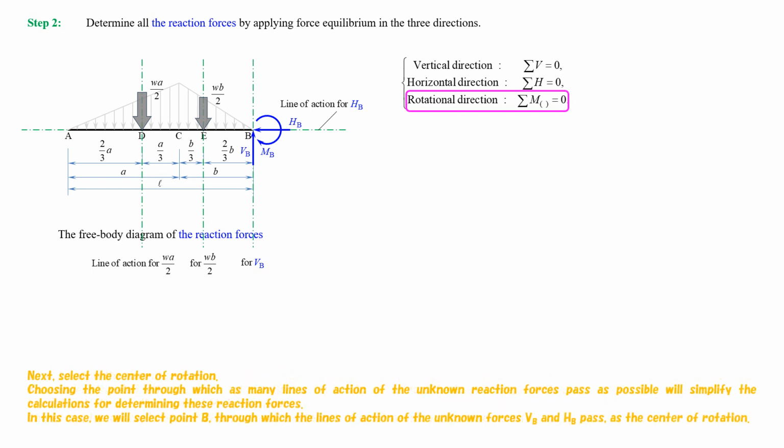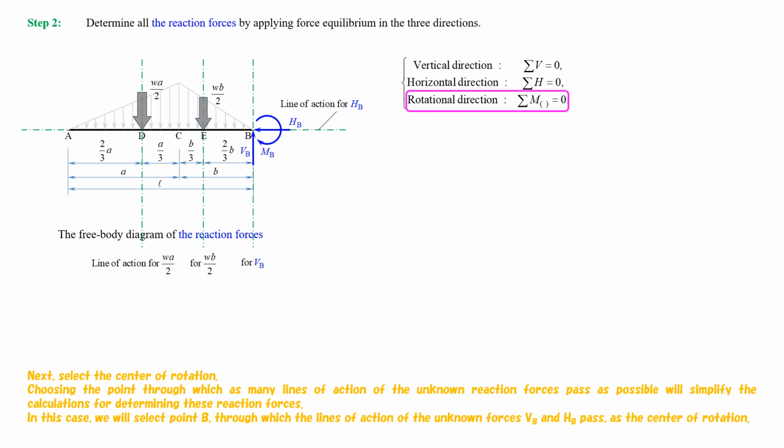Next, select the center of rotation. Choosing the point through which as many lines of action of the unknown reaction forces pass as possible will simplify the calculations for determining these reaction forces.